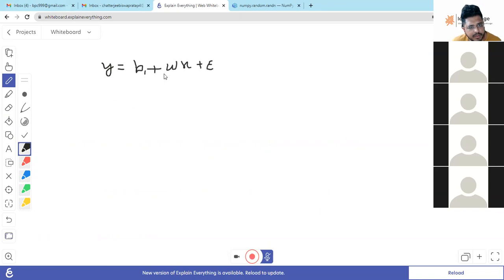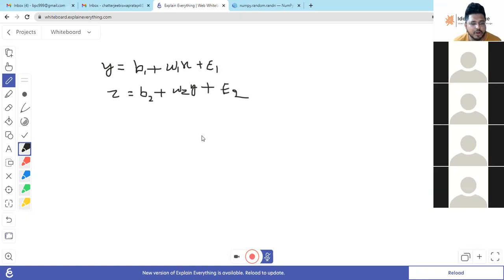Let's say b1, w1, epsilon 1. z is equal to b2 plus w2 y plus epsilon 2. Okay, so this is my equation.